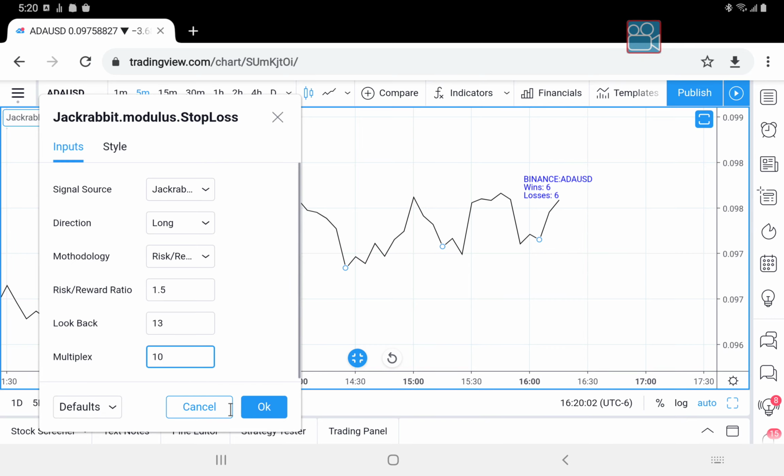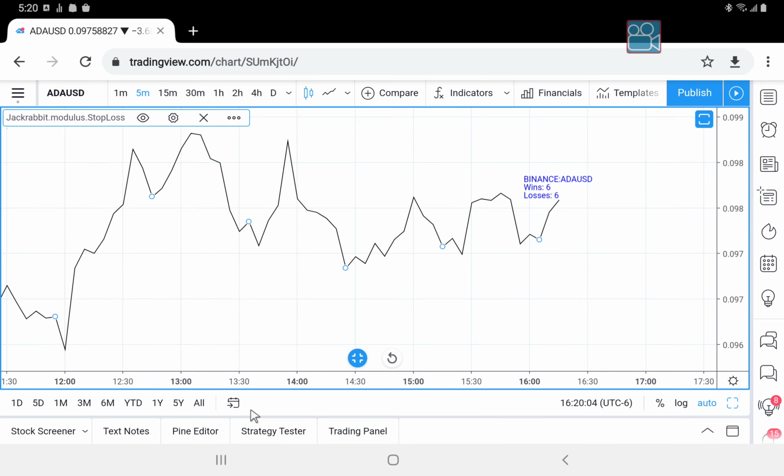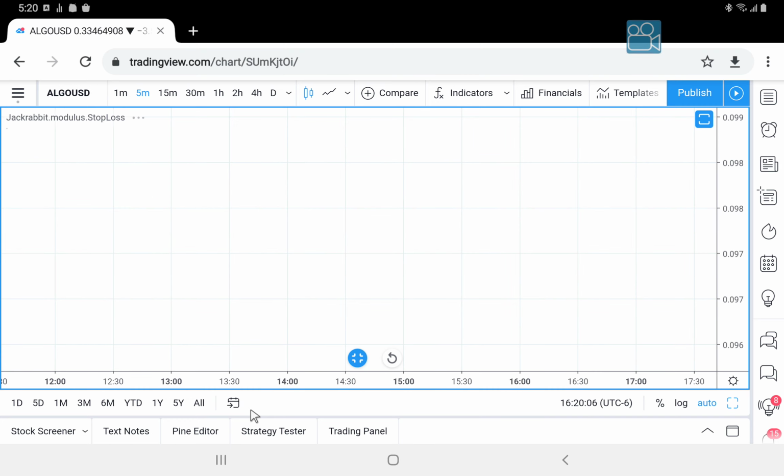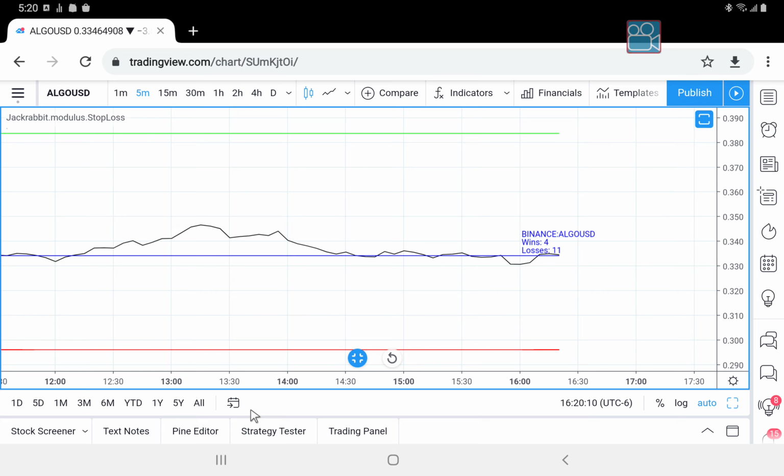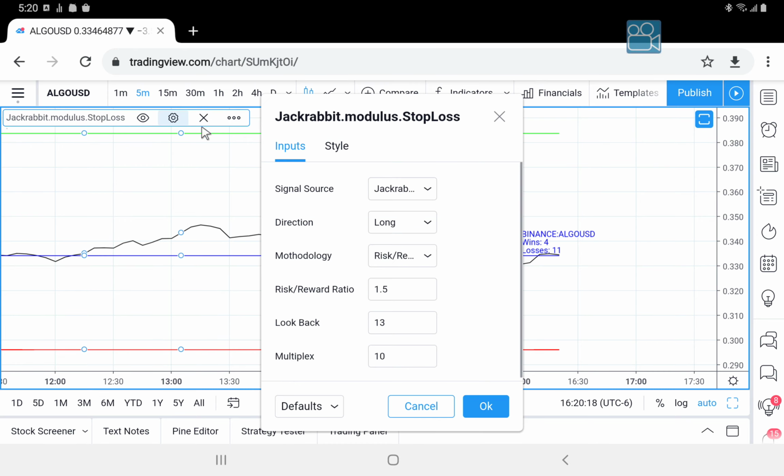So let's go ahead and leave this here. And let's go to the next coin. Now, as you can see, this is a losing coin altogether. Let's reset this back down to 2.